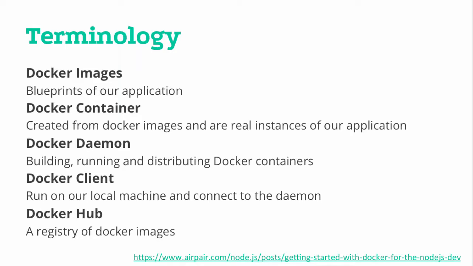So basically a container is a running instance of an image. We have the Docker daemon, which is what is doing the heavy lifting of building, running, and distributing containers. The Docker client, which is the component we have locally that connects and interacts with the Docker daemon, and Docker Hub, which is a registry of Docker images.